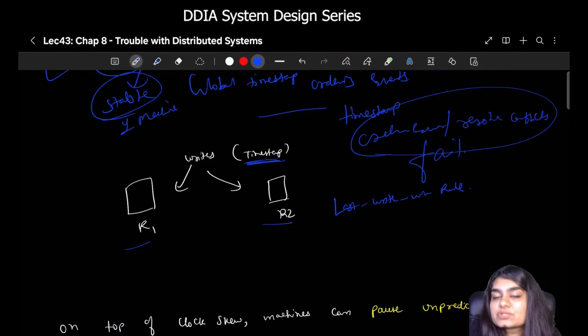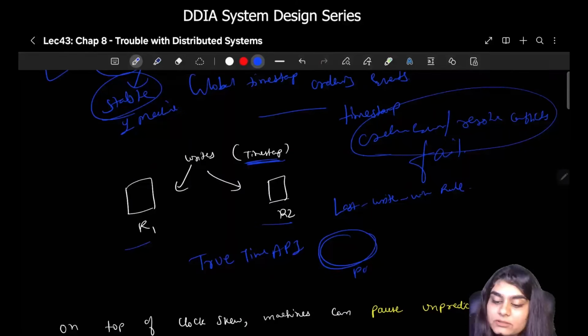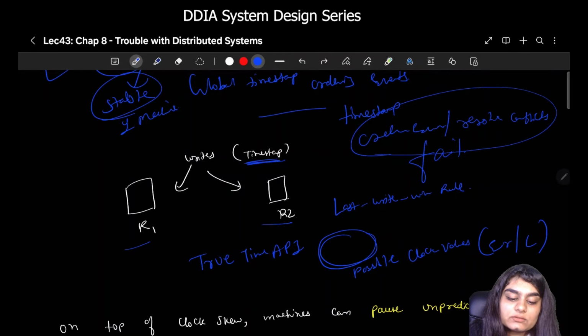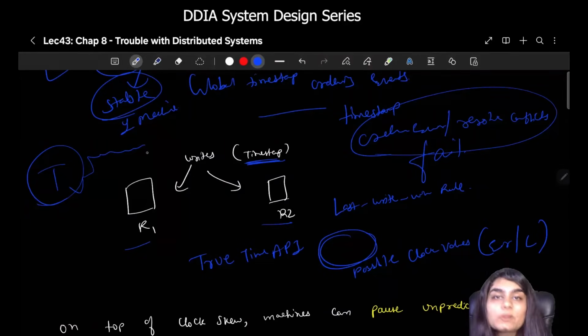Google's Spanner solution is instructive. It provides a time API that returns the interval of possible clock values, that is, earliest and latest, for transactions, then waits out this uncertainty window to ensure the global ordering.